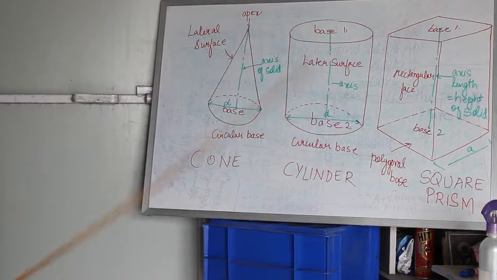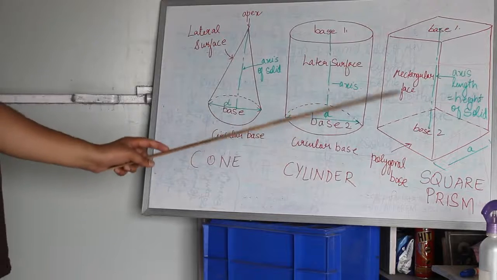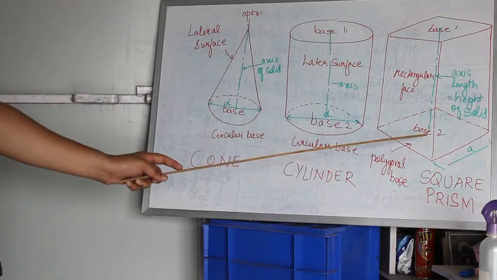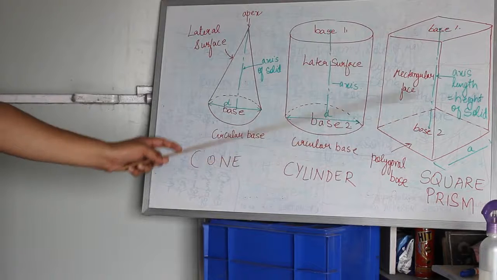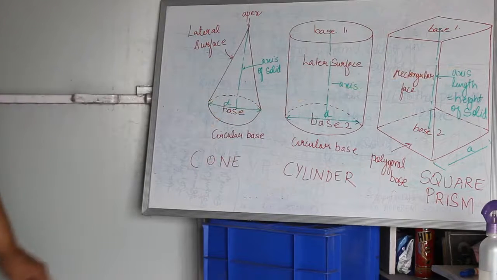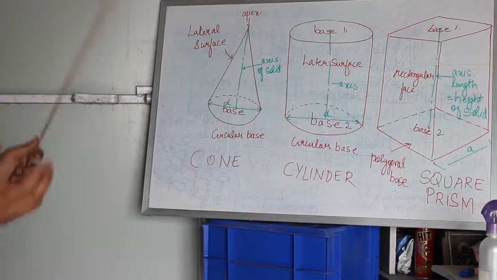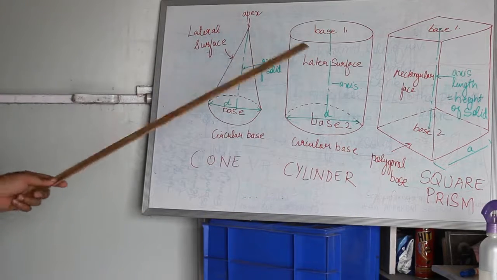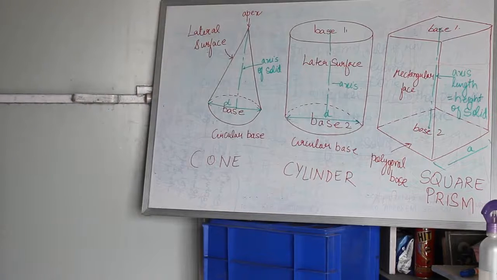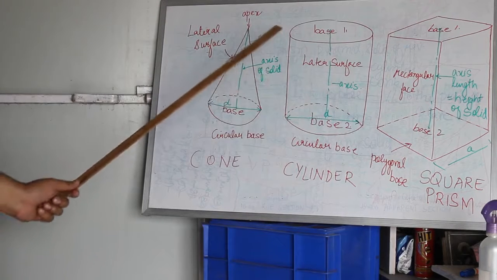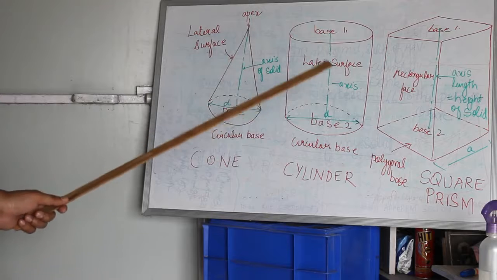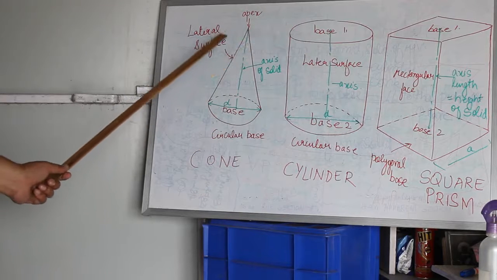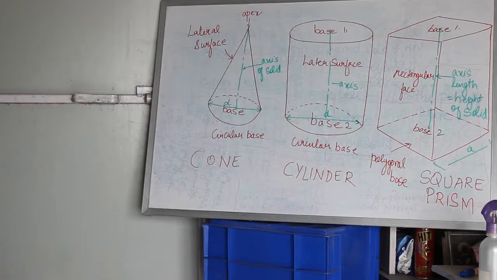If it is a prism, it will have two bases in the shape of a square and 4 rectangular faces. The picture should develop in your mind when you are arriving at the solution. So the first step is to make up your mind about what type of solid is given in the question.